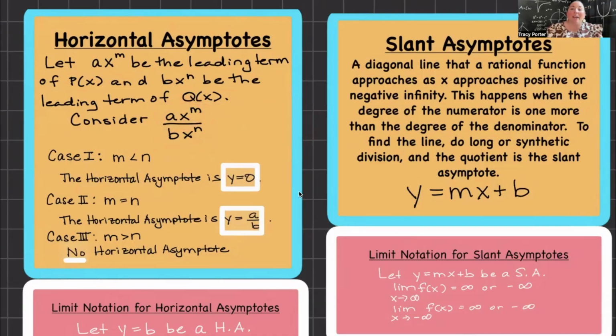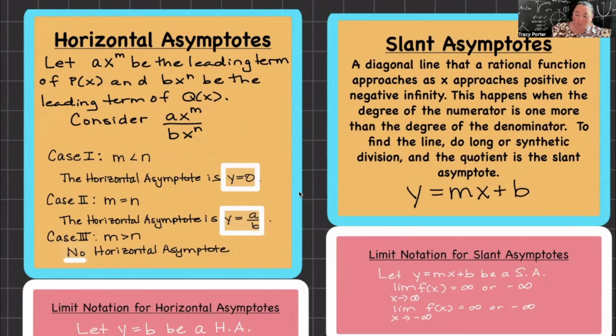The horizontal asymptotes and the slant asymptotes are really only concerned with the end behavior. What are essentially the tails of the function doing? Where are they going? That is what we're going to investigate.